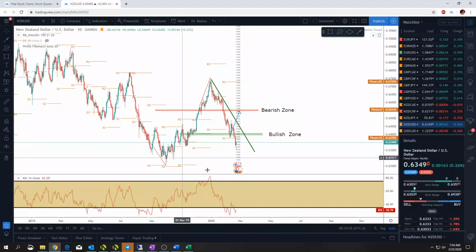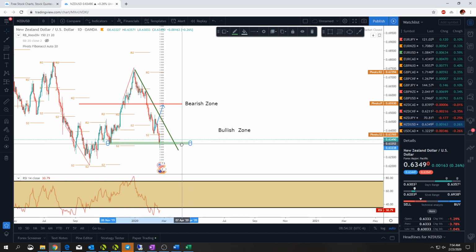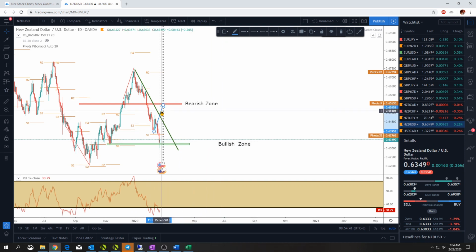NZD USD. All right, we broke through our bullish zone. I want to be bullish again down here, which kind of shot down. We're pulled back. We did not get that play. Let's get rid of this mess.